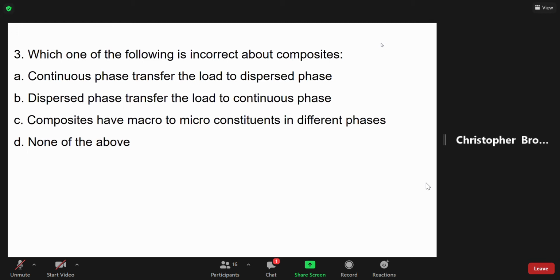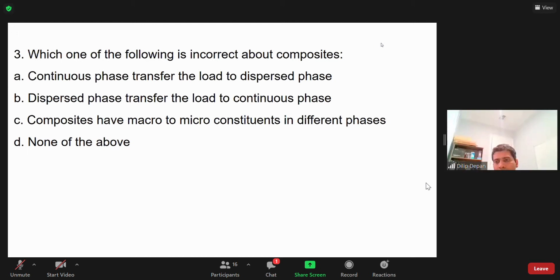Is it A, the continuous phase transfers the load to the dispersed phase? So that's an incorrect answer, because it says you have to select an incorrect statement.